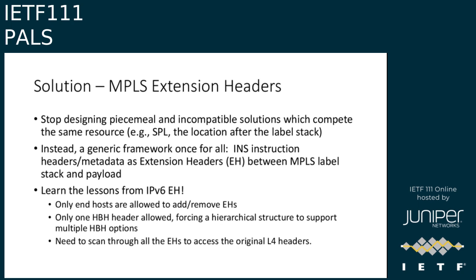If you want to support multiple actions, you have to use multiple HBH options in that header using the TLV structure. That's inefficient. And also for IPv6, if you want to access the original upper layer header, you need to scan through all the extension headers. So that's also very inefficient.